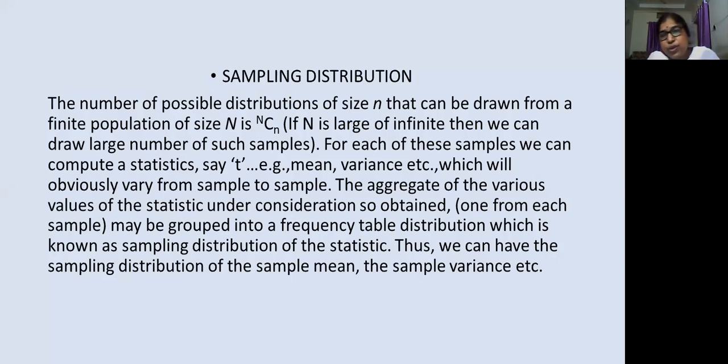Sampling distribution. Now, I wanted to know the average of this particular class. So what do I do? Let us consider our population of this class is, let us say, 90 students. And I have given a task to 5 students to find out the average of this class. So I'll ask them to take a sample and find the sample mean, that is the statistic.